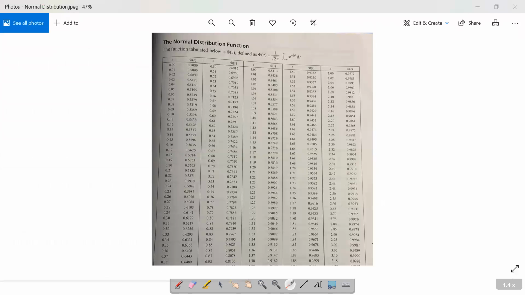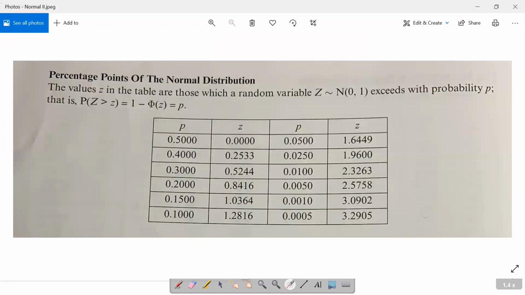Take the second table, not this one. Okay, take the second table. This one. And in this table, children, you all remember they are giving you the probability values for the area in front, right? They give you the probability and the Z value.